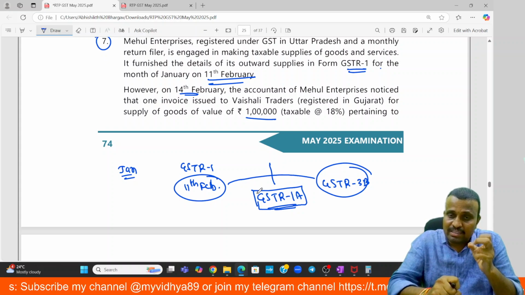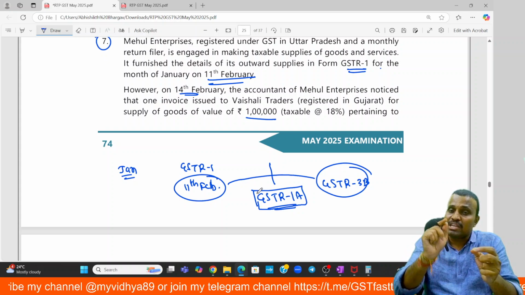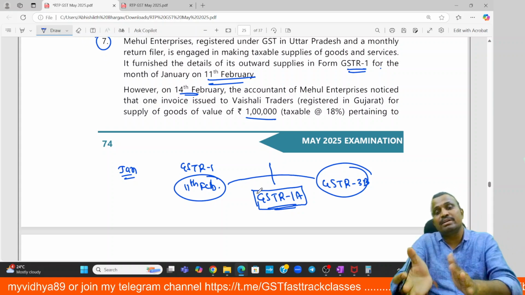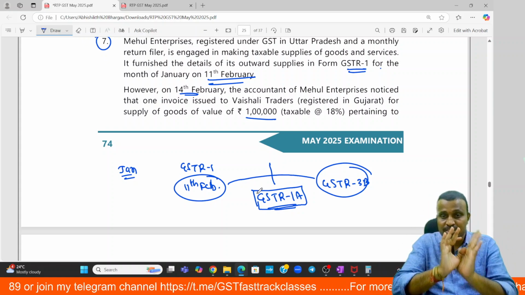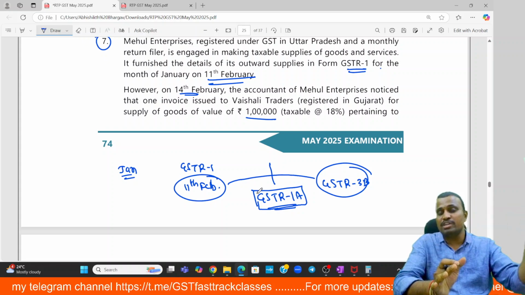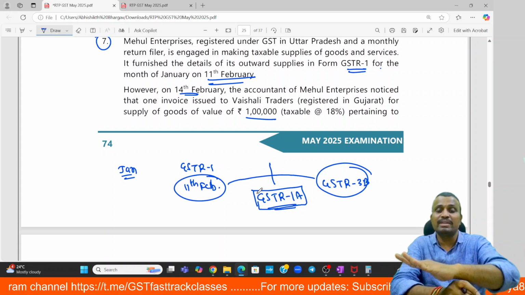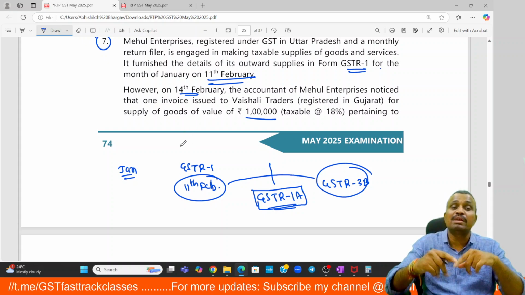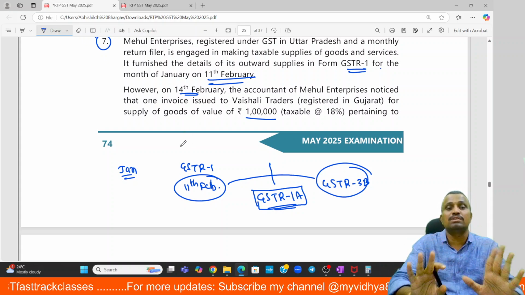Nothing but while filing the GSTR1, if any mistakes or omissions were made, they can be amended through the GSTR 1A. Any omissions relating to the previous periods cannot be done through the GSTR 1A, and those can be done only in the amendment columns of GSTR 1.